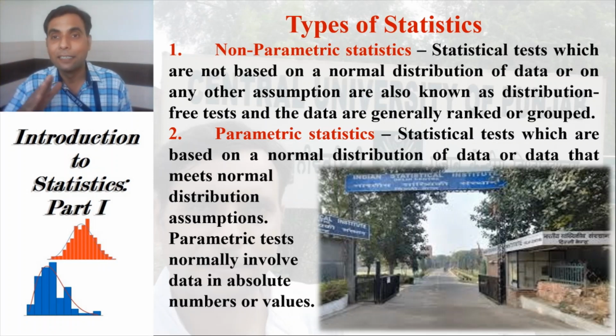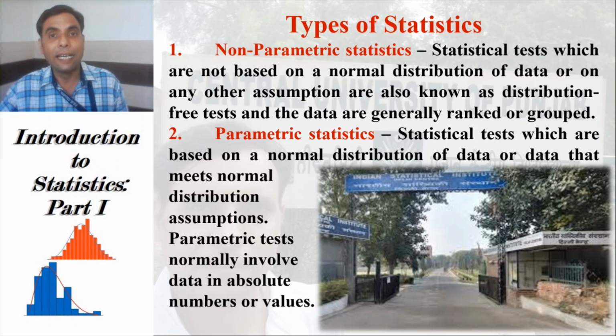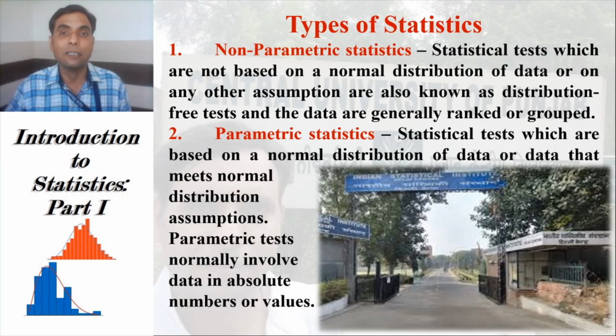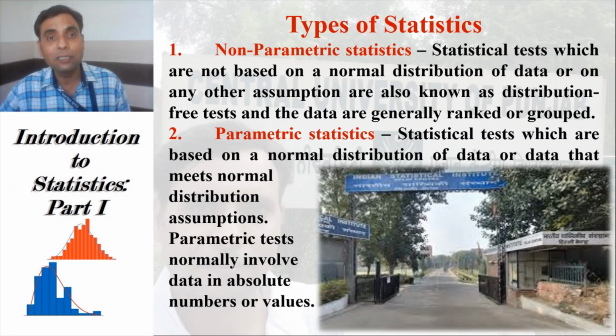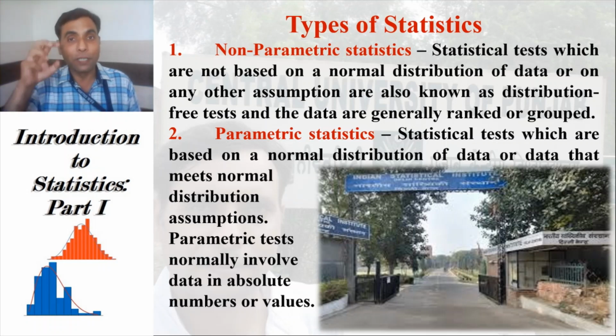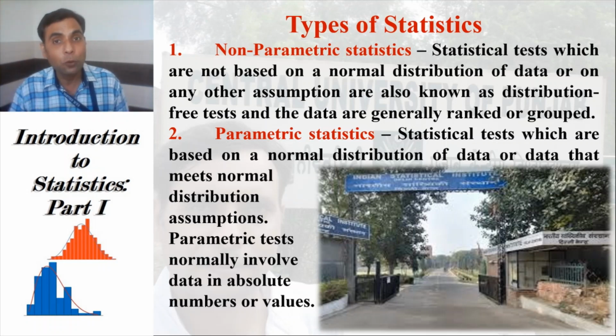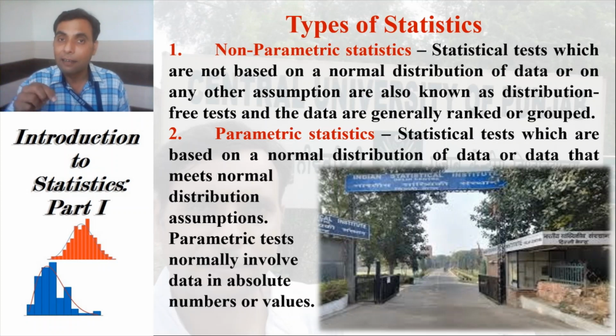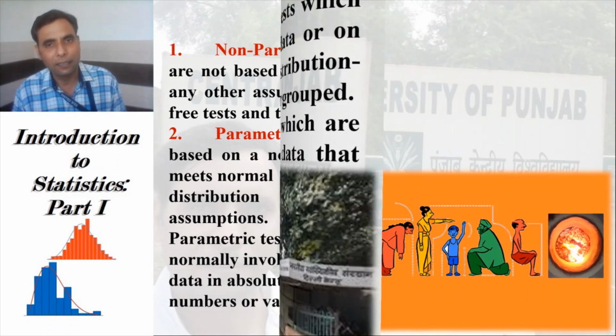Categories: gents and ladies, male and female, boys and girls, day and night. So if data is in categories, ranks and orders, in that case we apply non-parametric statistics. But when the data is in absolute values and meets the assumptions of normal distribution, then we use parametric statistics or parametric tests.